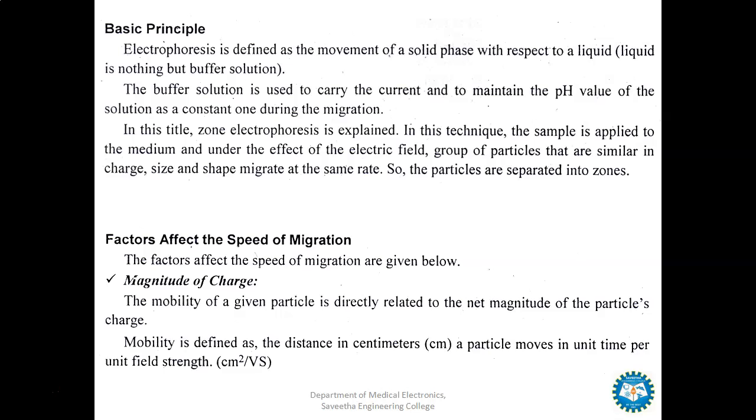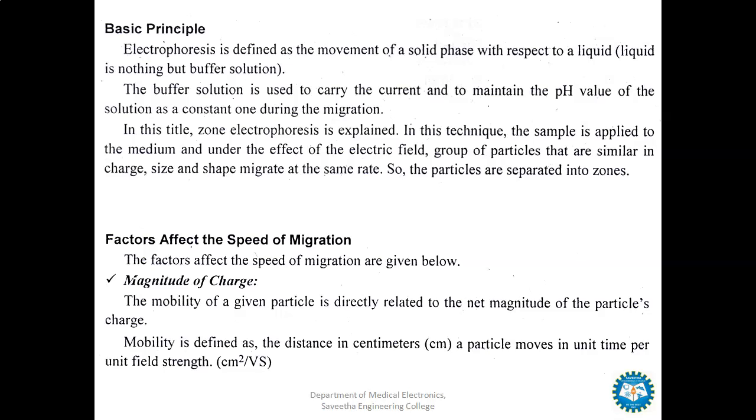The main factors which affect the speed of migration, that is, the factors mainly involved in making the particles move. One is the magnitude of charge. The mobility of a given particle is directly related to the net magnitude of the particle charge.